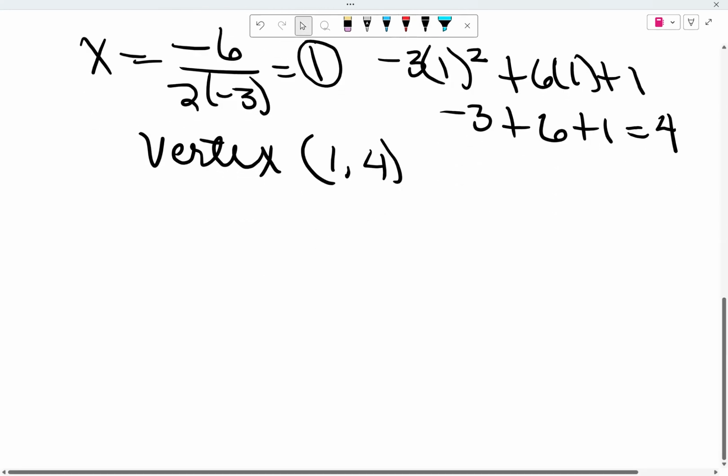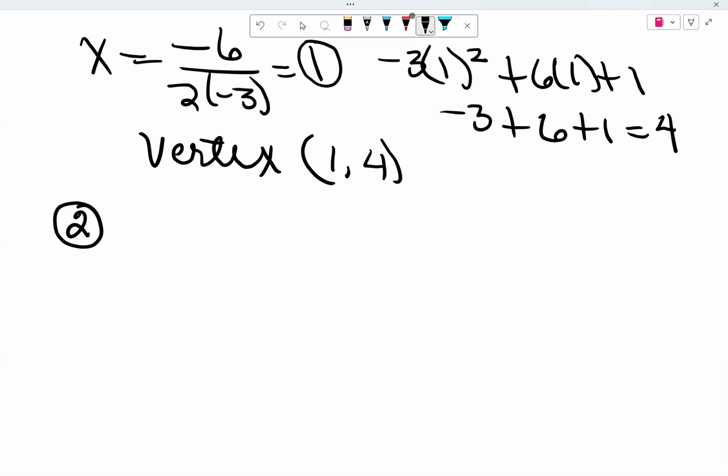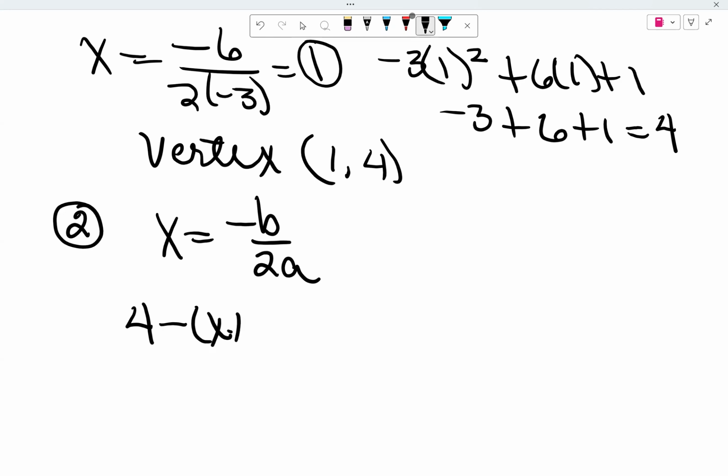Number two is asking you to find the axis of symmetry. Axis of symmetry is x equals negative b over 2a. What they did differently here is they're writing this equation with the vertical shift in front, and then they're giving you a negative x plus 5 squared just to throw you off.